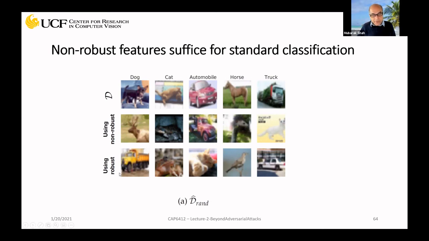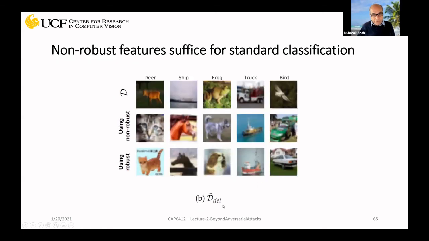When you use a robust one, we get these images. And then when you change the label deterministically, like y+1, just the next label, again these are the images we generate from this non-robust data set.